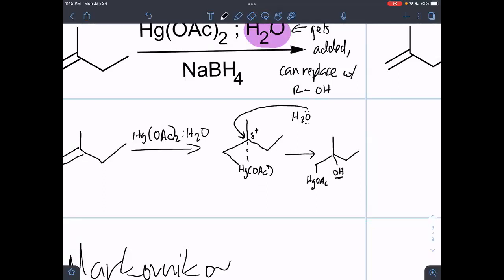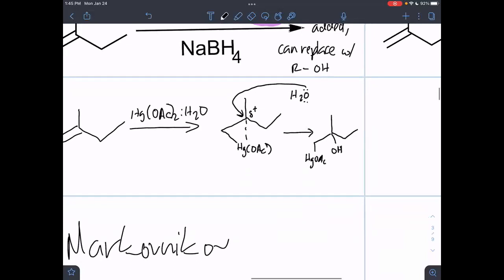And this gets deprotonated somewhere along the way. Now that we have this mercurinium intermediate, we can use NaBH4 as the last step and get rid of that.